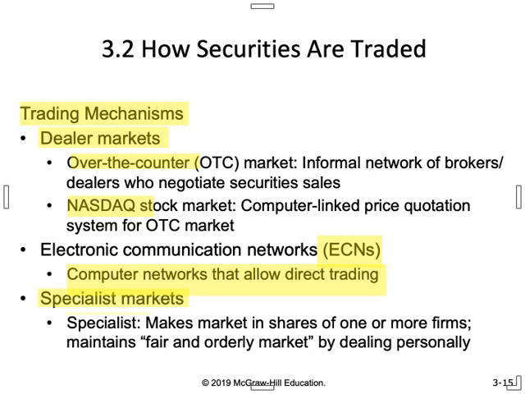The specialist market example is the New York Stock Exchange, and in that case there is an individual assigned as a specialist to maintain a fair and orderly market in one or more securities. Typically, a specialist will manage several different securities and make sure that buy and sell orders are matched up fairly and in an orderly process.